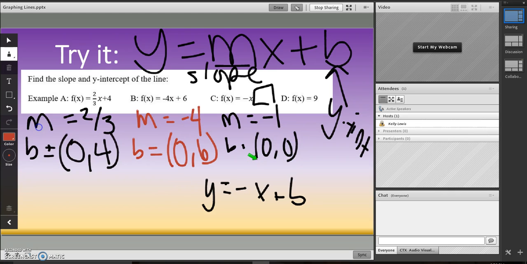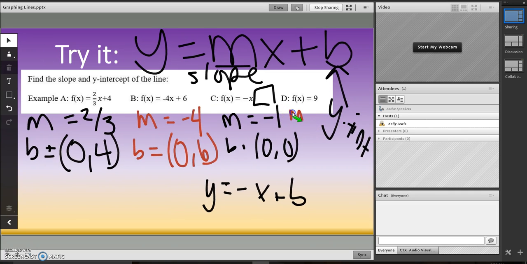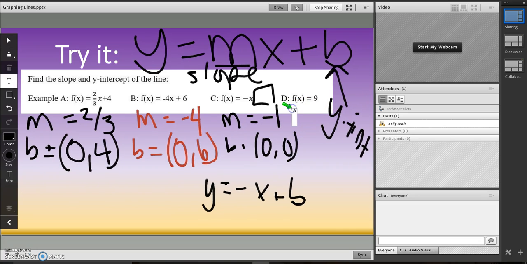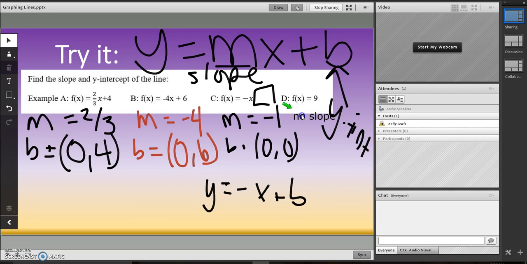And then our last one, there is no x, so there is no slope. So I don't want you to write 0 for no slope. I want you to write the words there, no slope. Well, 0 is a number.